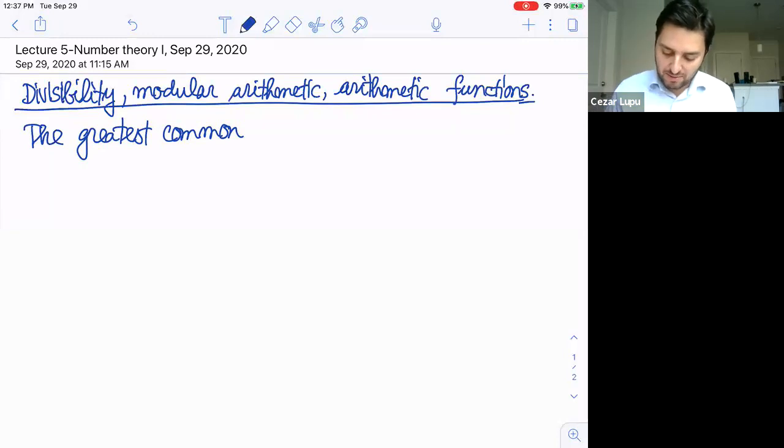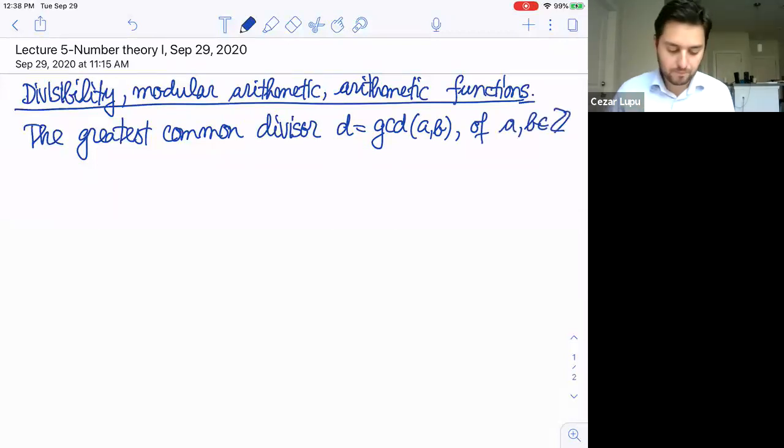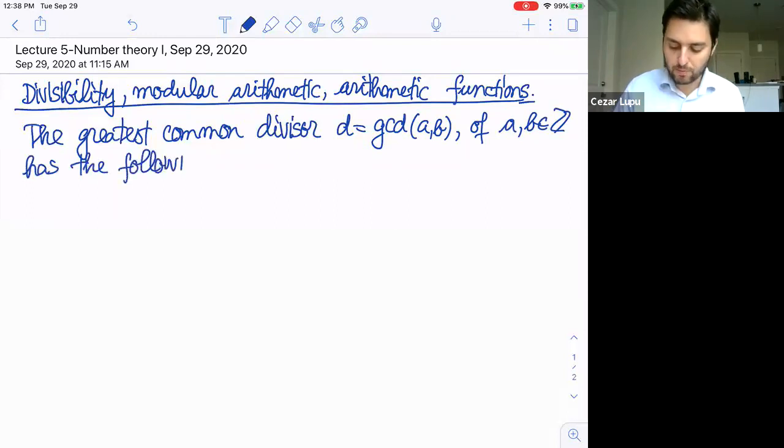So the greatest common divisor, let's say we'll denote this by D, and usually we'll denote this by GCD of A and B. So I have these two integers, A and B, and the GCD has the following properties. I'll just state explicitly what kind of properties we have for this.